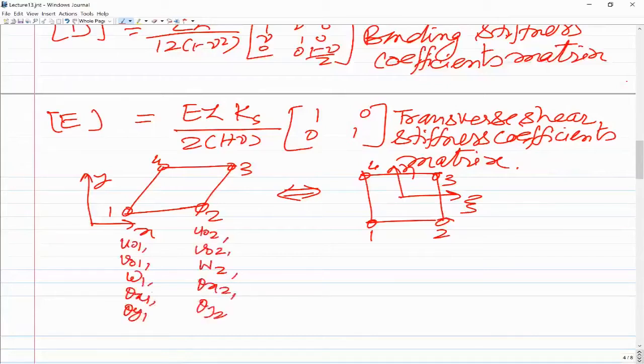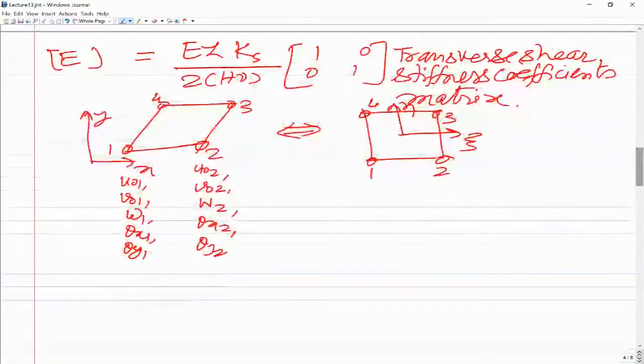Similarly at 3 and 4, you are going to have these degrees of freedom. If you look at the element in the local coordinate system, you have these 5 degrees of freedom at each node. So the elemental degrees of freedom will be 20, 5 into 4.